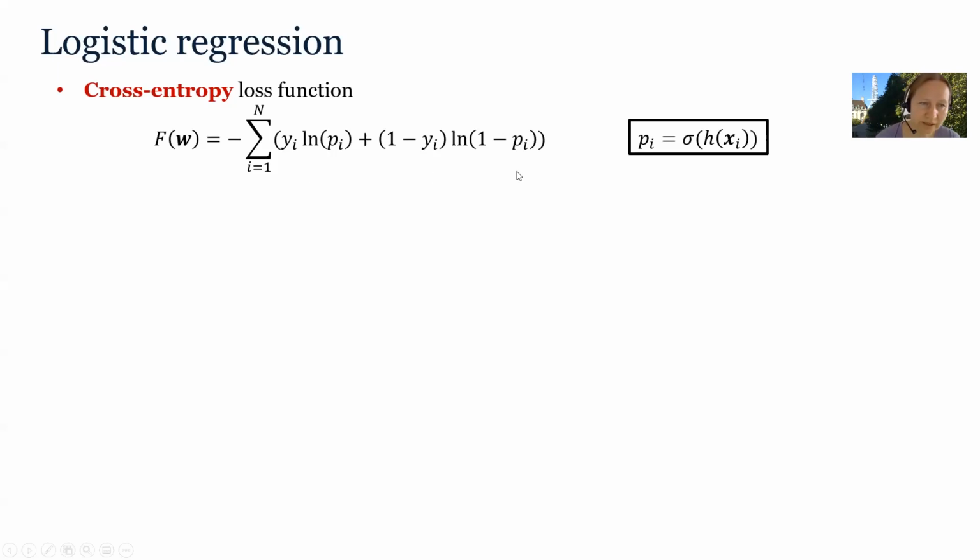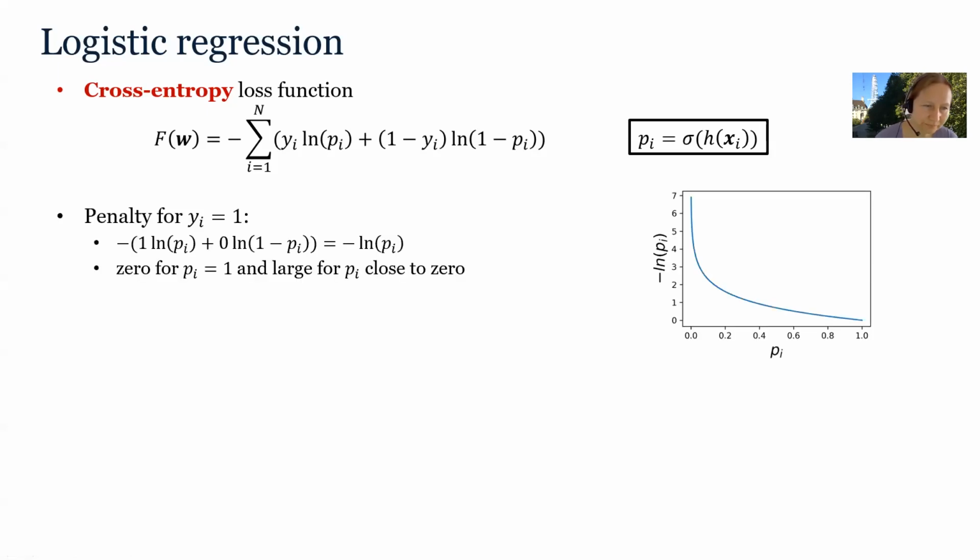To understand this loss function, let's see what happens for an individual sample. Let's say that the sample has label 1. We can then calculate the penalty for this sample by setting y_i to 1, and we'll get minus logarithm of p_i. p_i is the probability for class 1.